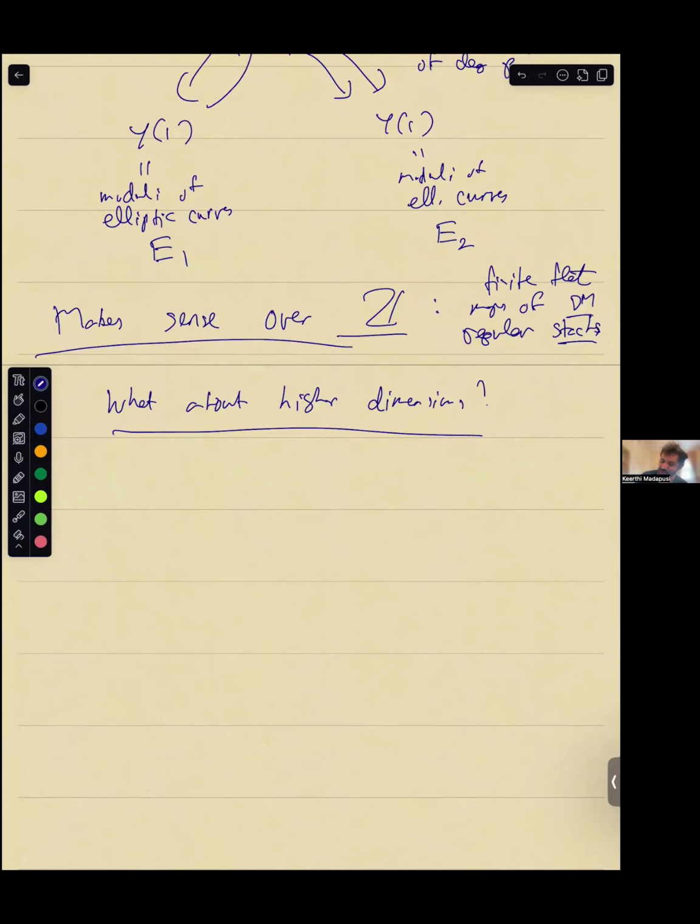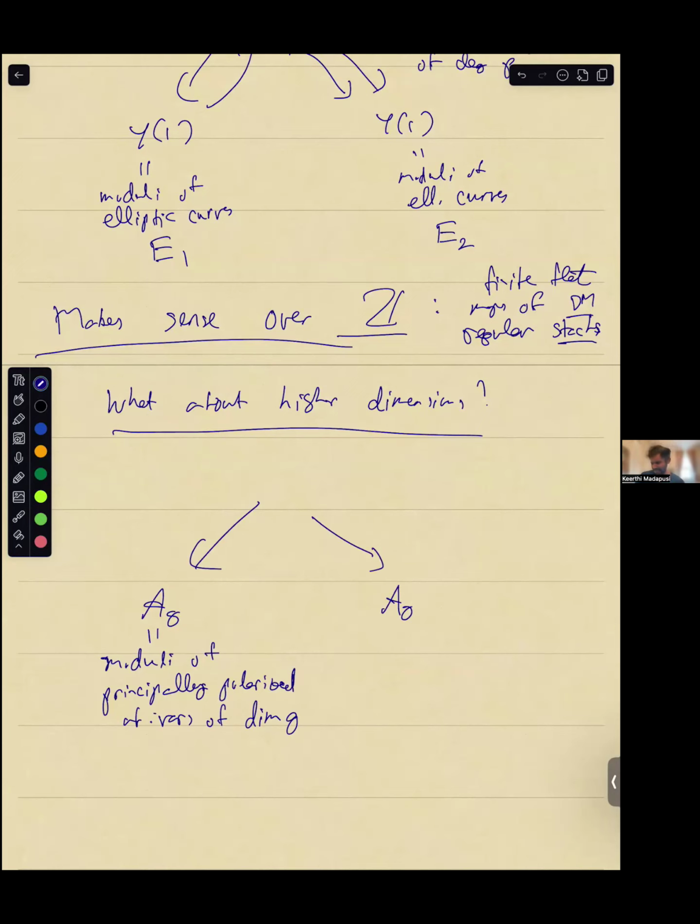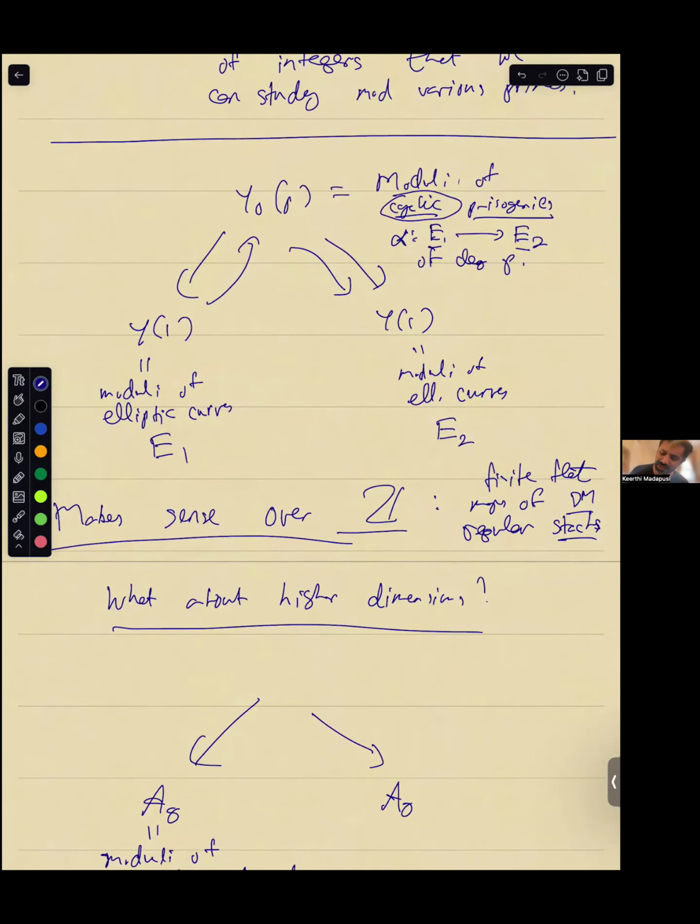So if I take, sorry, let me take A_g of principally polarized abelian varieties of dimension g, then you can play a similar game, except that there's this word cyclic that I used here.